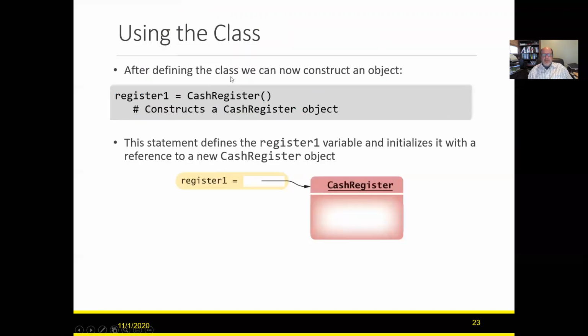When we create an object, basically what happens is it goes to the memory and creates this object based on the template that we have, and it returns the pointer to that object that we assign to a variable.